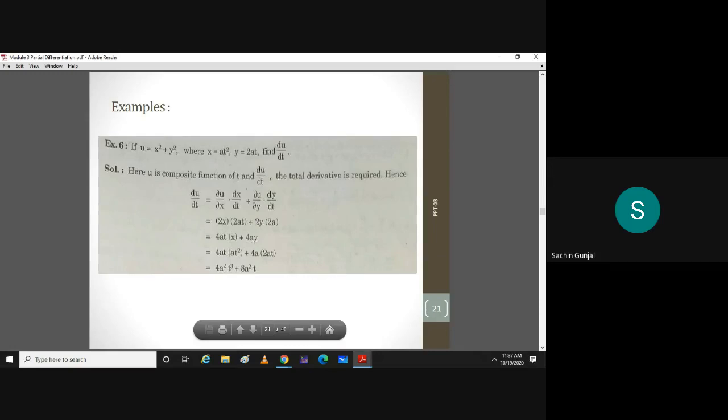Then you can substitute x as at squared and y as 2at, so it becomes 4a squared t cubed plus 8a squared t, that is du/dt, isn't it? Yes, sir. So just note it down.